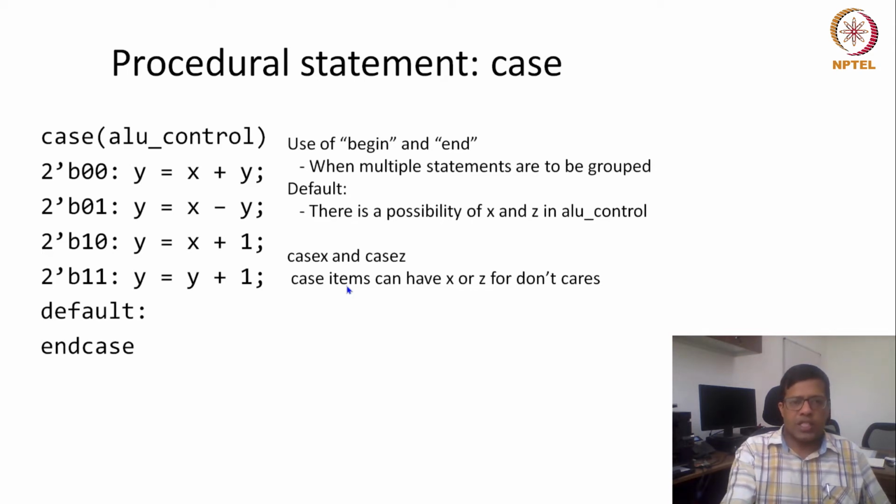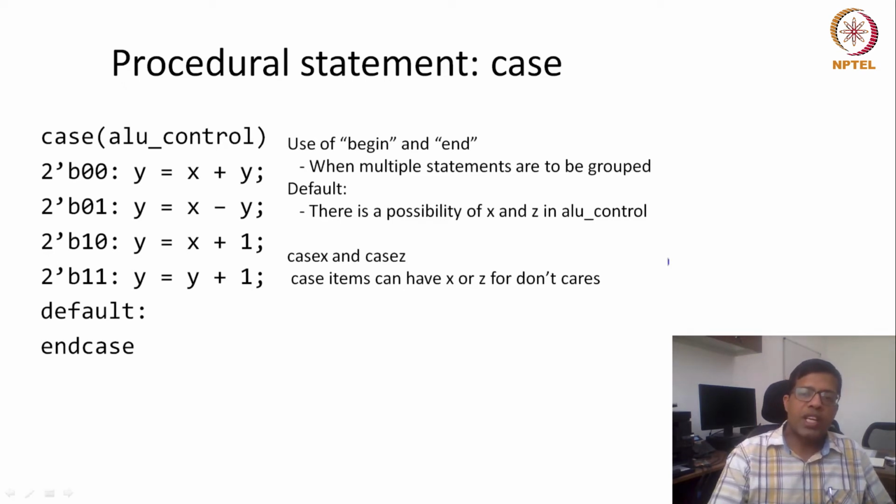Let's consider this case itself. Let's say we have a 3-bit control. In the third bit, if it is either 000 or 001, we have to perform this operation. Then instead of writing both case items, we can write 00x and then y equal to x plus y, which means the third bit is taken as a don't care.